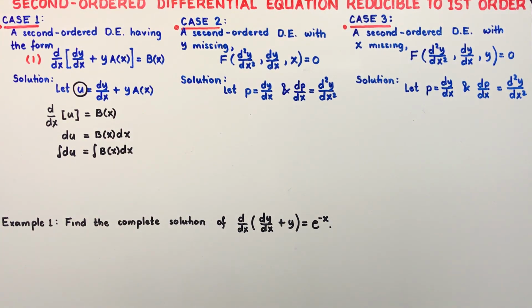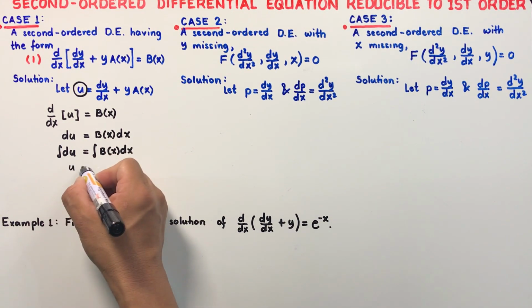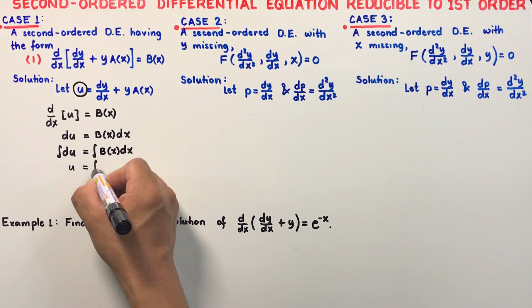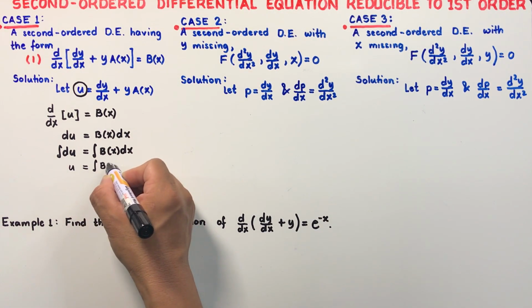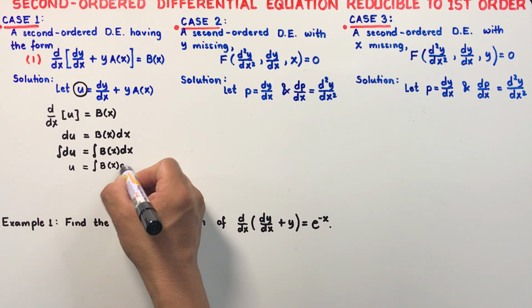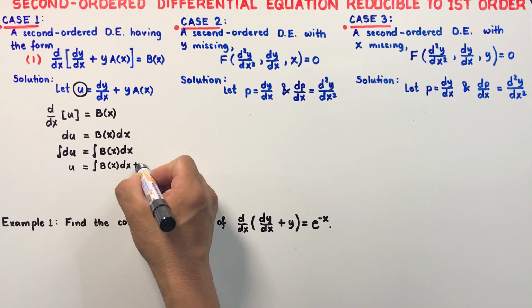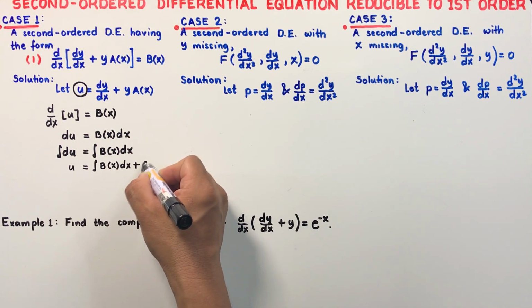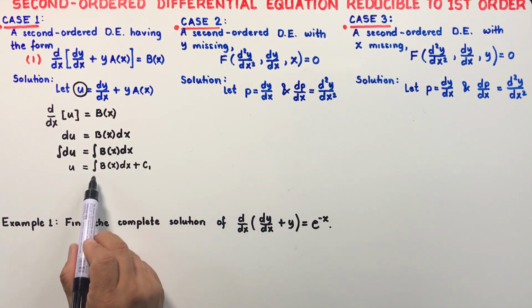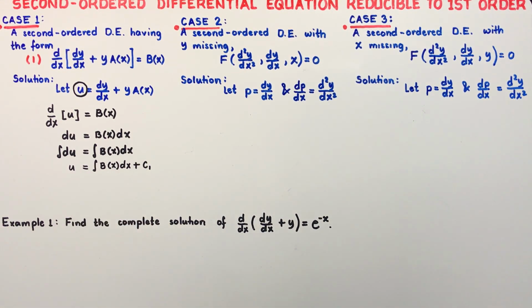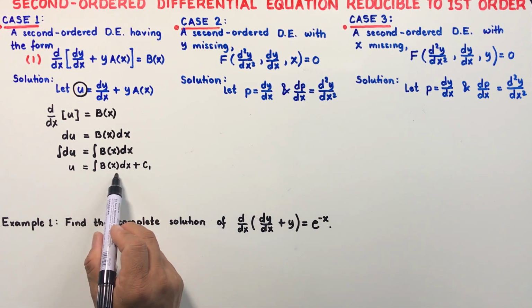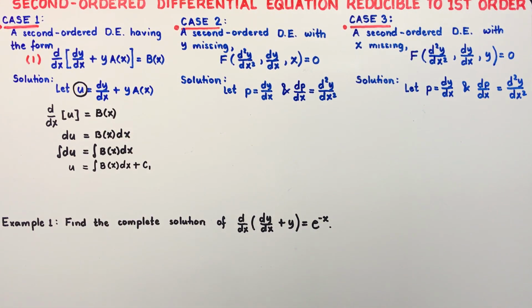So therefore, our u is equal to the integral of b of x dx plus the constant of integration c sub 1. And because this is our u, we can substitute it into our representation.